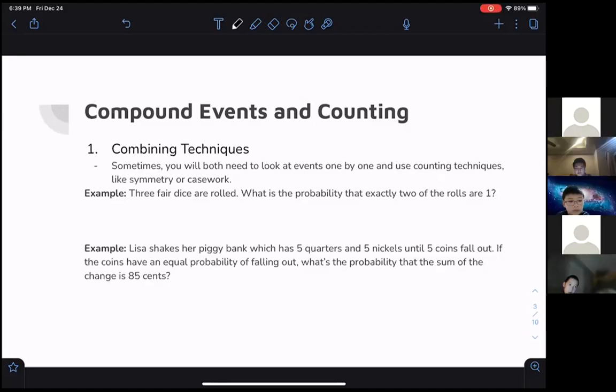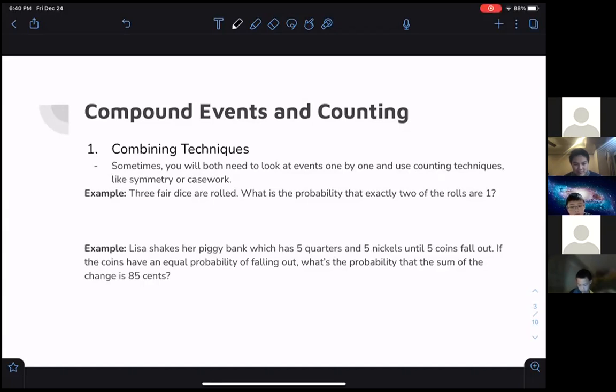So for the first problem, you can use something called the binomial theorem. This means that you have to choose 2 out of 3 rolls to be 1, so 3 choose 2 ways.